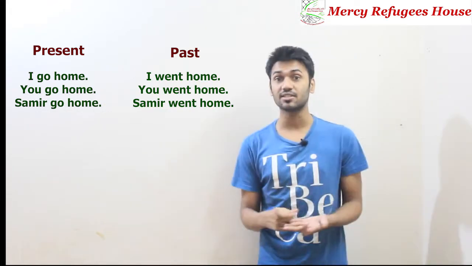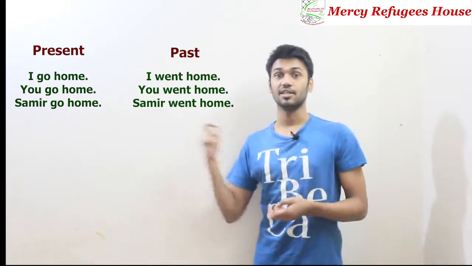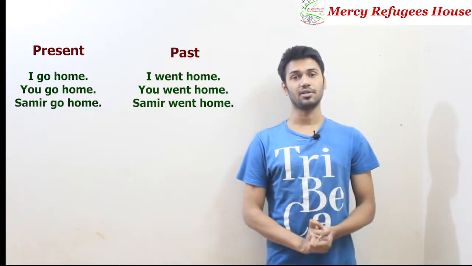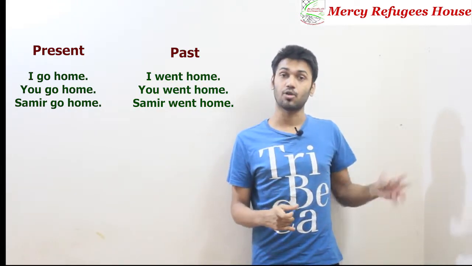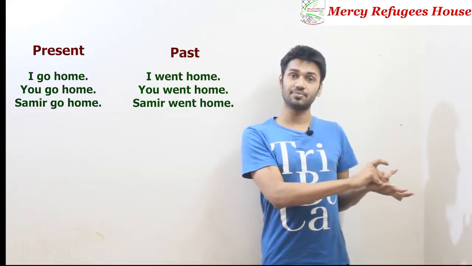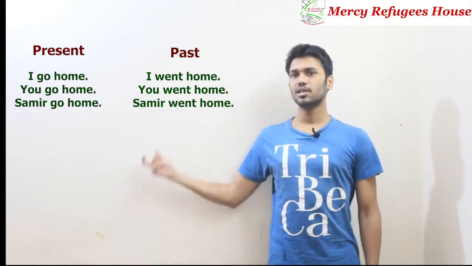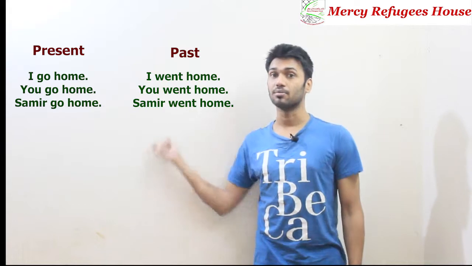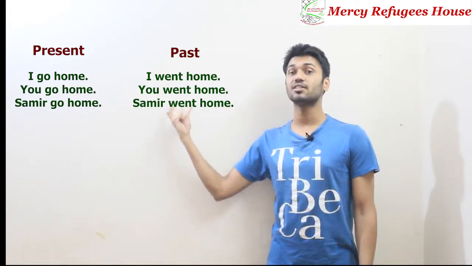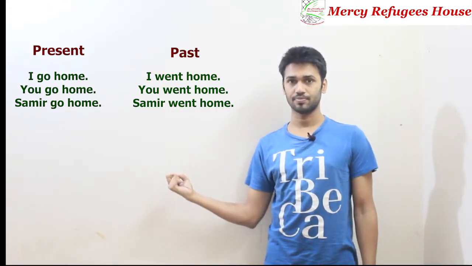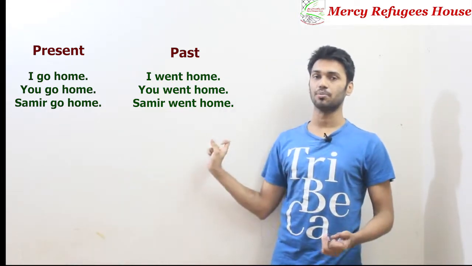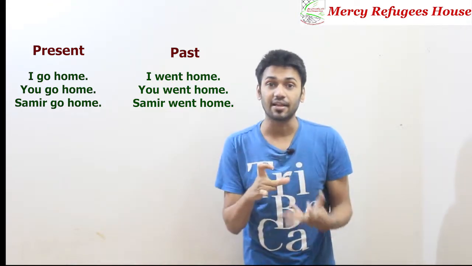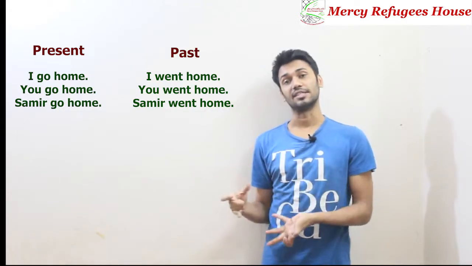Look at this. Here went is always went. So if we are talking about a past thing or past event, then see what changes? The verb of the sentence changes. You'll say went, I go home, I went home. Now you tell the difference between these sentences.